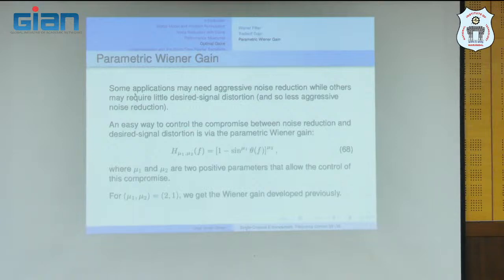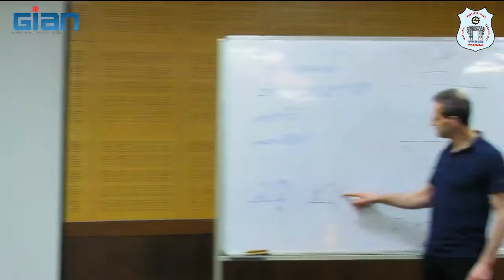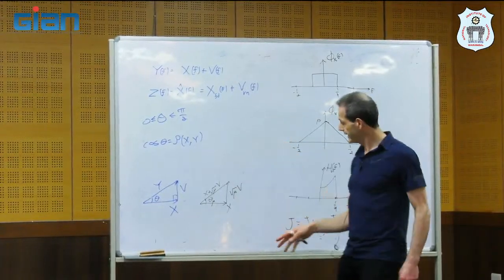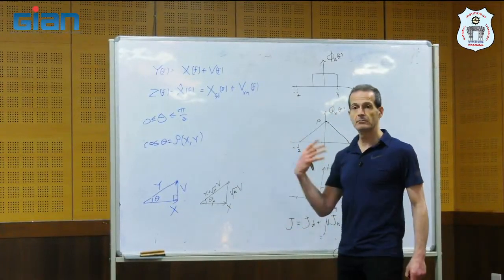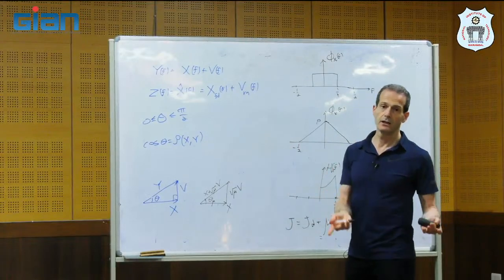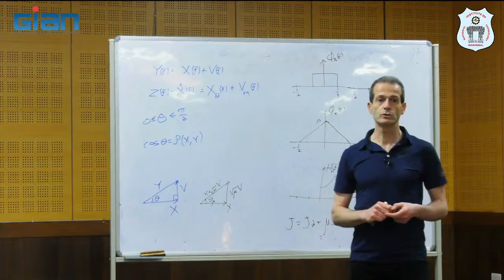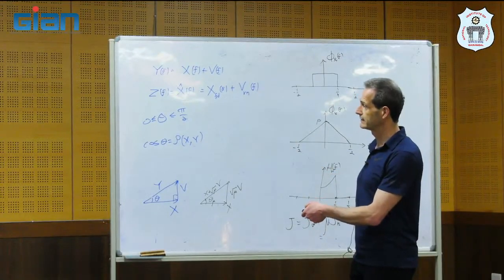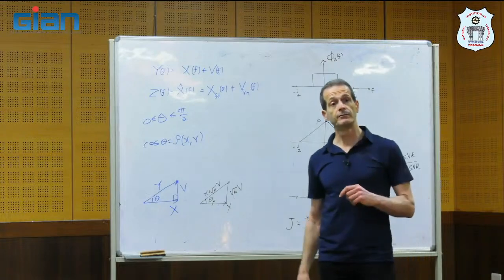So I showed the effect of mu on different performance measures. And you agree that if I increase mu, I increase the weight, and then I get more noise reduction at the expense of increasing the signal distortion.